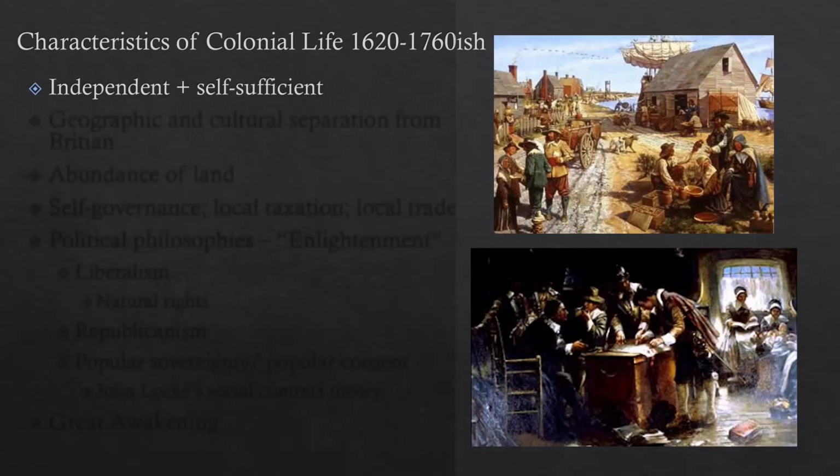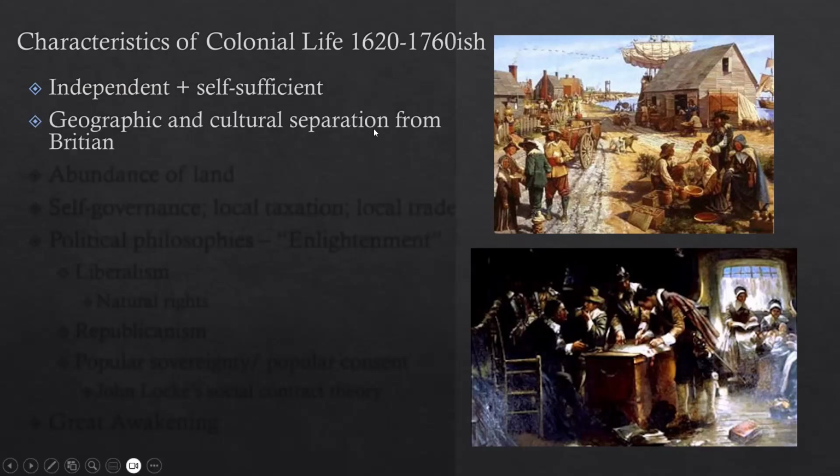It gave them distance from England. So it's a geographic separation, as I've kind of demonstrated. They're sailing across an ocean, but it's a cultural separation as well. If they came to this new world, some of the classism and elitism of living in England would go away.